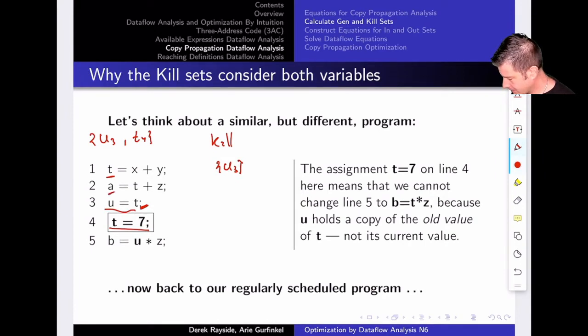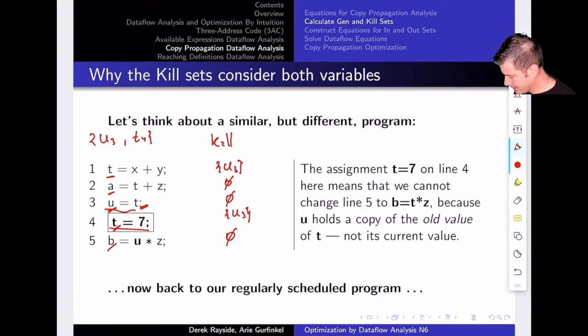Here we kill anything with A, that's an empty set. Here we kill anything with U, that's an empty set. Here we kill anything with T on the right-hand side, so we kill U3 again. And here we have an empty set, because we don't kill anything.